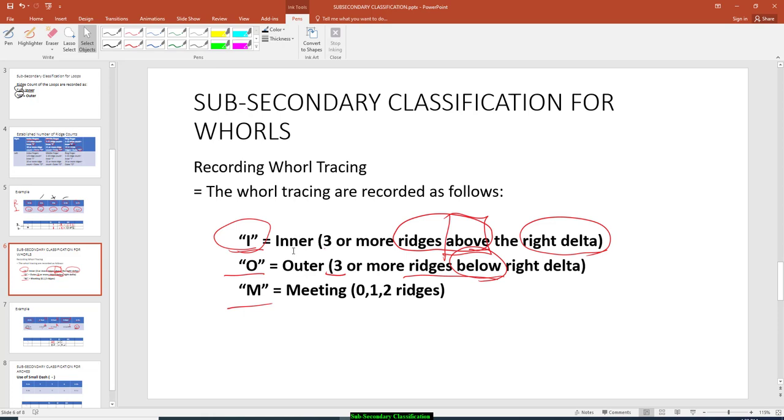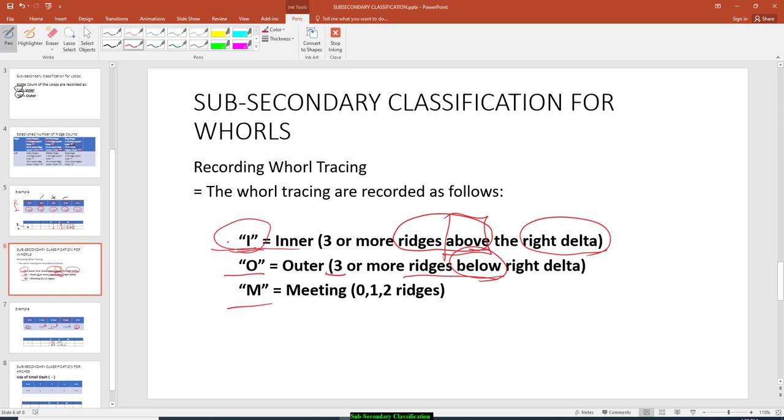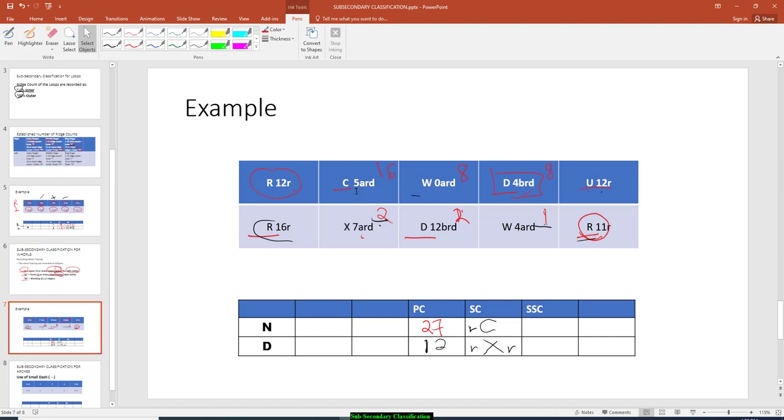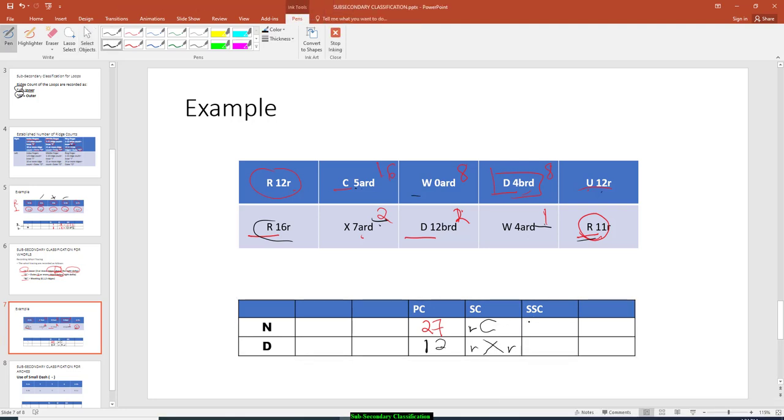So it belongs here. Okay, for the index finger. So 5 ridges above right delta. So it will be capital letter I. Okay.